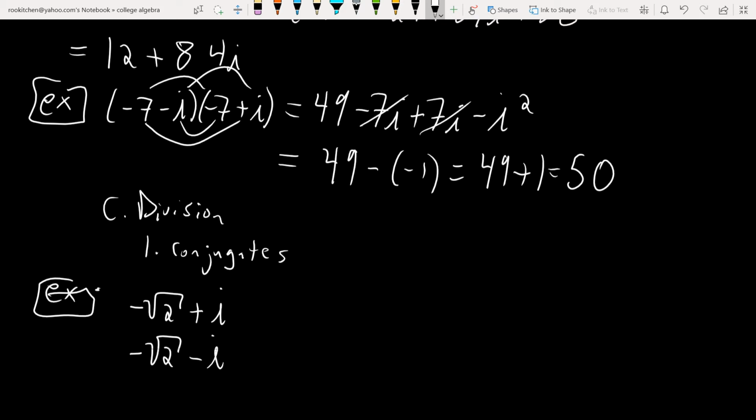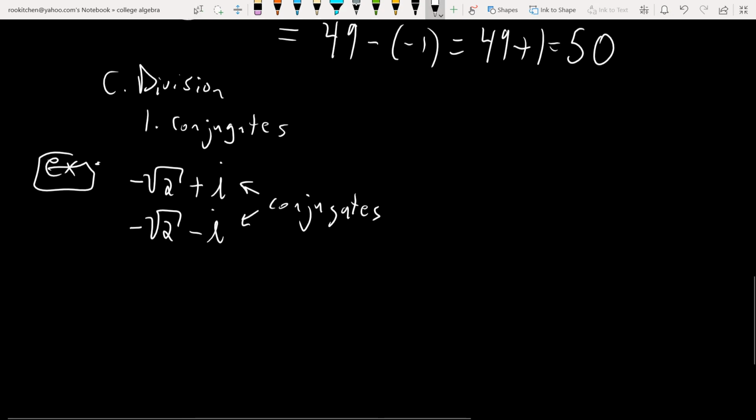You just take the sign in the middle and turn it to the opposite sign, and that's the conjugate. So these guys turn out to be conjugates. So what are we going to do with it? We're going to use the conjugates to do our division. Here's a problem, I think it used to be number 22, but I'm just going to put example. These are all from the book.